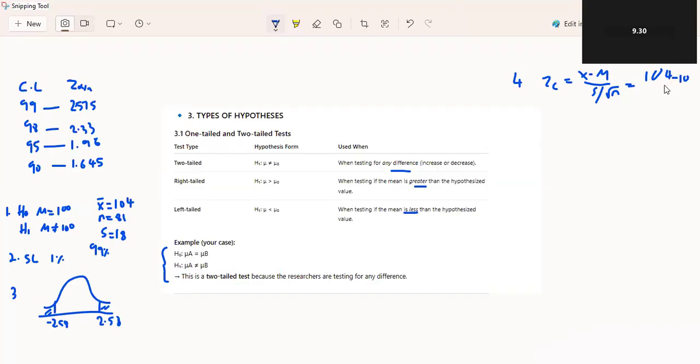Our standard deviation is 18. Our sample size is 81. So you calculate 104 minus 100 is 4. Square root of 81 is 9. 18 over 9 is 2. So Z calculated, 4 over 2, is 2.